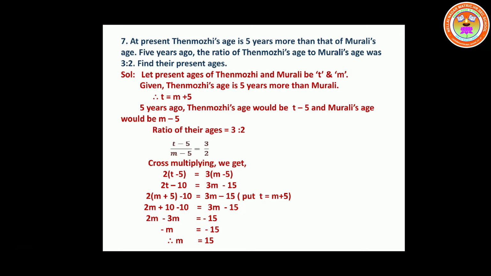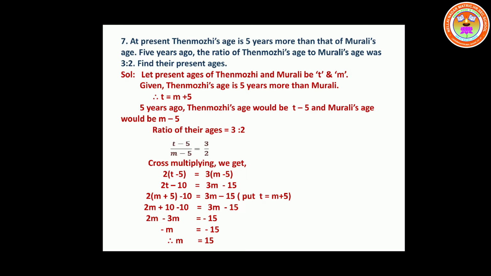Now what I am going to do is, here in the place of T I am going to substitute M plus 5, so that my equation has only one variable. So in the equation I am going to make that as an equation having only M. So wherever there is T, I am going to substitute M plus 5.